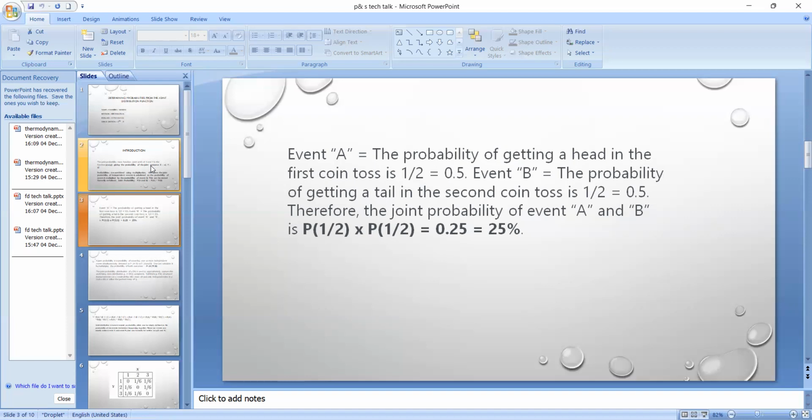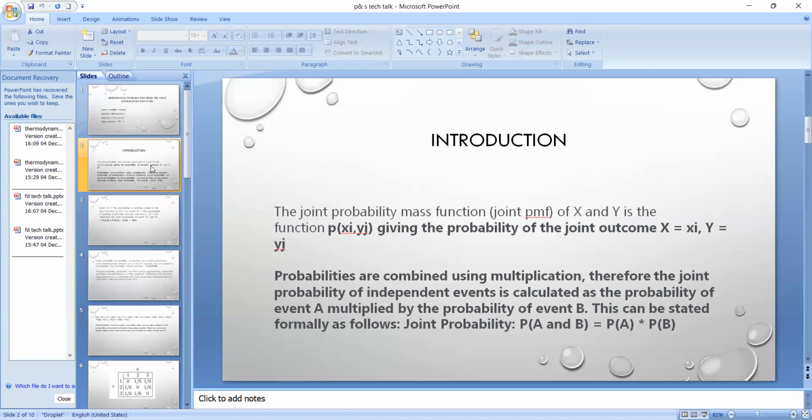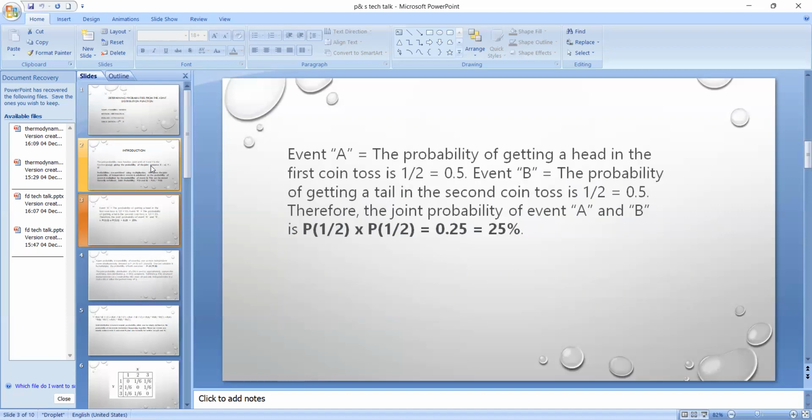Therefore, the joint probability of events A and B is 1 by 2 into 1 by 2 equals 0.25 equals 25%.